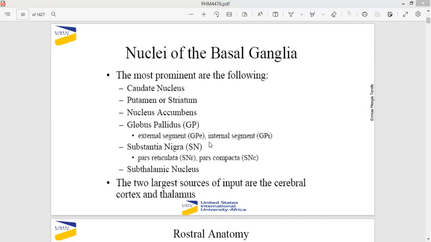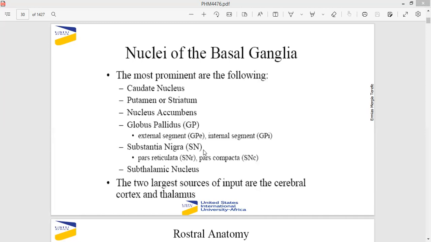Parkinson's disease. This is where we have the substantia nigra. In Parkinson's disease, we will see this being affected a lot. And in Parkinson's disease, there's a deficiency of which neurotransmitter?